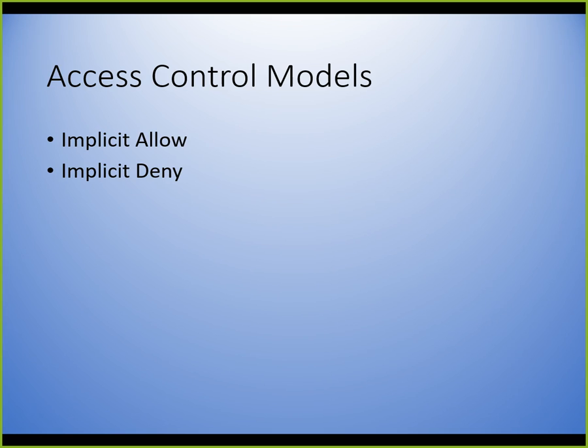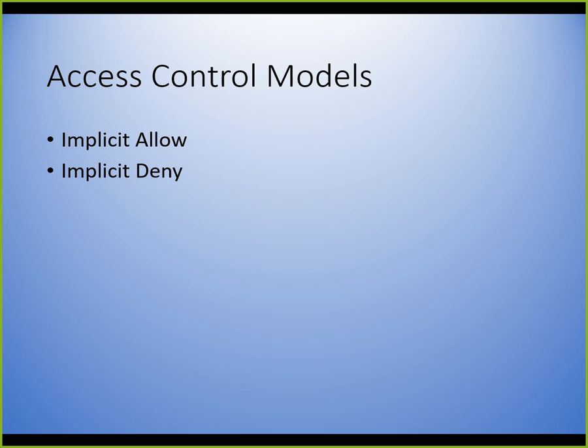Implicit allow and implicit deny. We talked about that in access control lists. An implicit allow allows everything that we don't deny. And that's a pretty tall order, I think. So anything that you don't deny is going to be allowed or permitted. And that means that there's lots of things out there that could be permitted on your network because you didn't know to deny it.